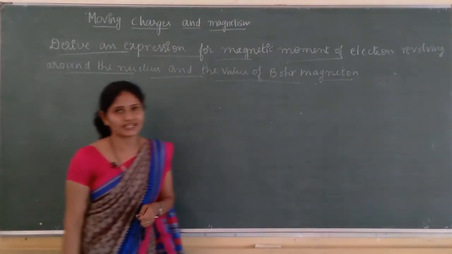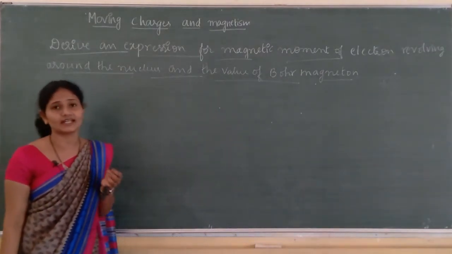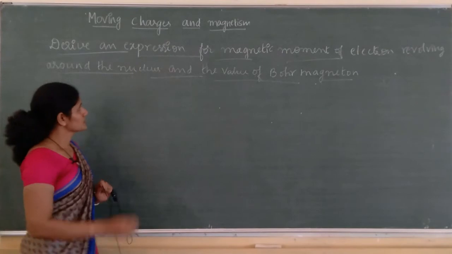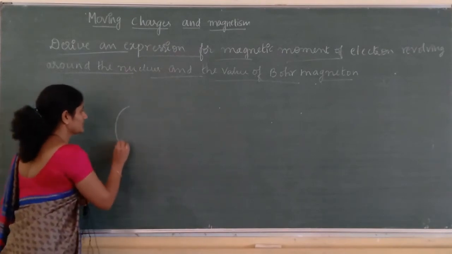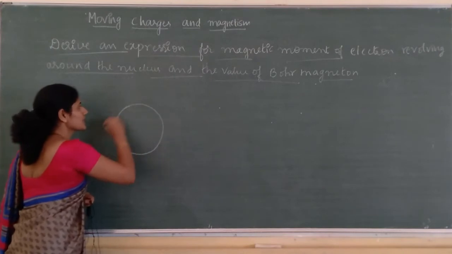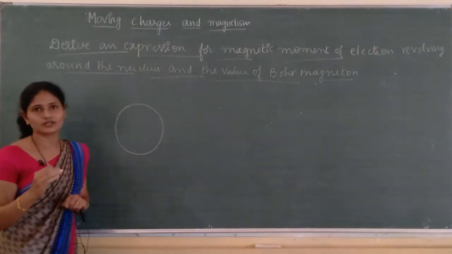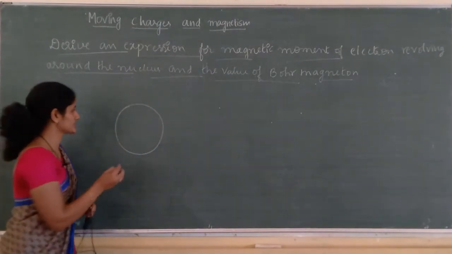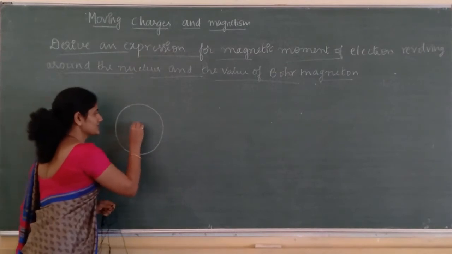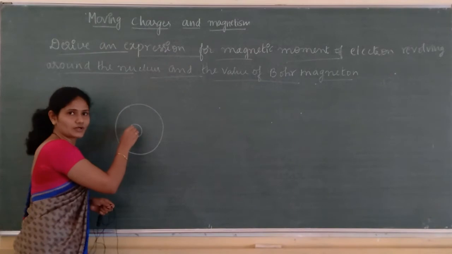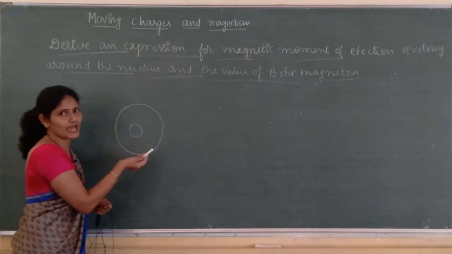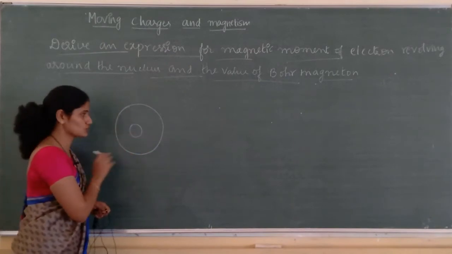We know that the magnetic moment is the product of current and area. Let us consider one electron which is revolving around the nucleus. So, this is the nucleus, the central part. Inside the nucleus we have protons and neutrons.